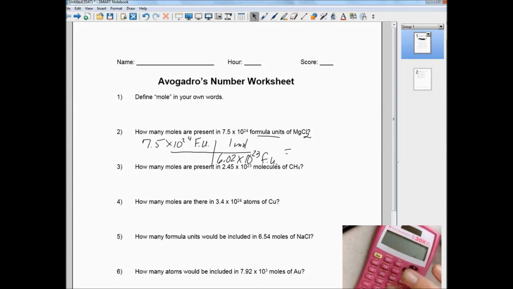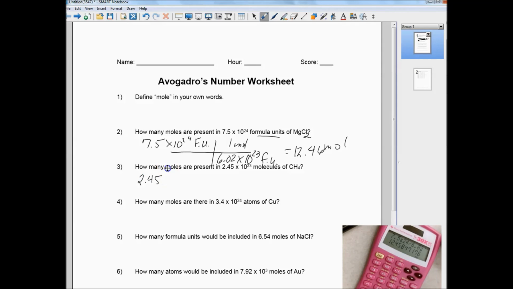I'm going to take 7.5 second EE 24 divided by 6.02 second EE 23. 12.45847 and so on. We'll do 12.46 moles. Okay?